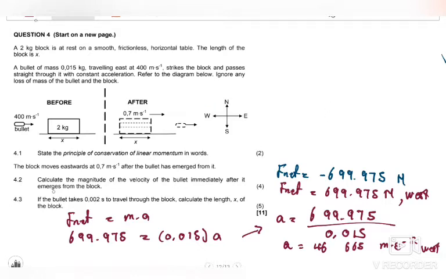If we substitute here, we have v final squared is equal to v initial squared plus 2a multiplied by the change in x.